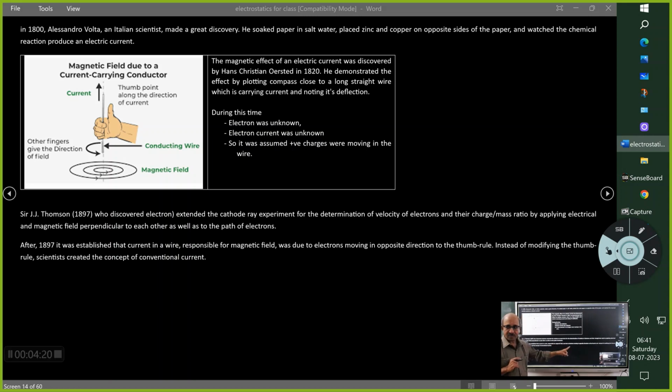Now that they know electrons are moving in the upward direction, the thumb rule should have been changed. But instead of changing the thumb rule, they kept it as it is and gave the name conventional current. That's it. No more discussion on that.